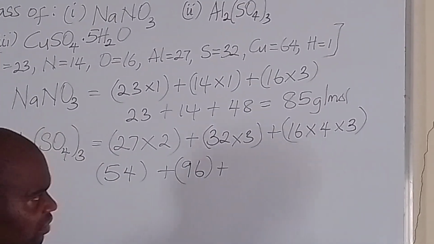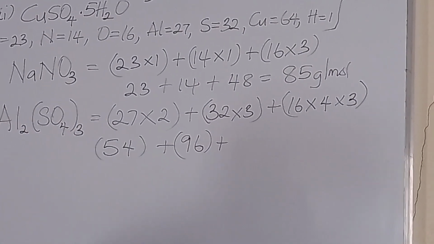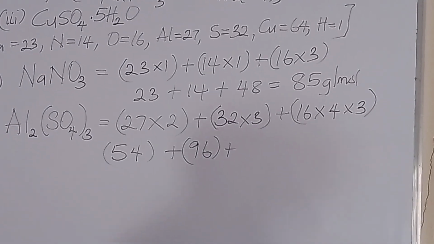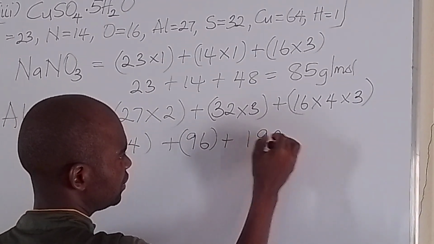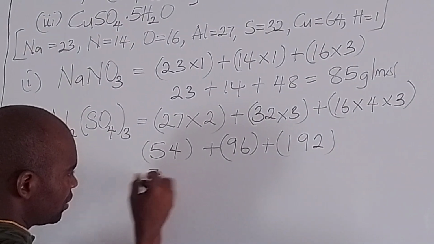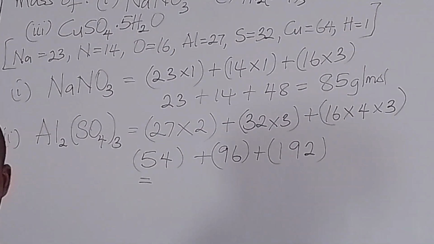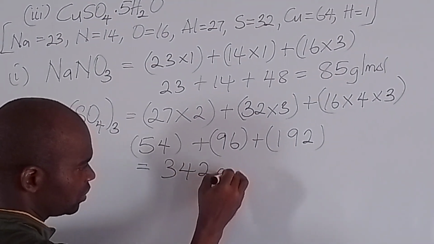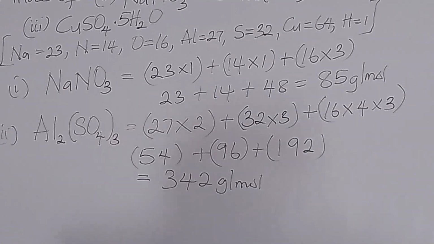And then 16 times 4 times 3 is the same thing like 16 times 12, which gives us 192. So we take the summation of this. When we add this up, that will give us 342. We have 342 grams per mole.